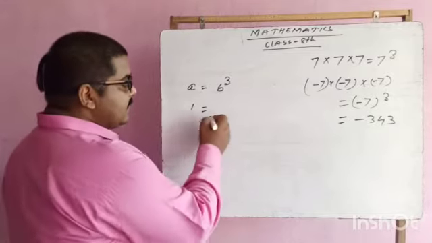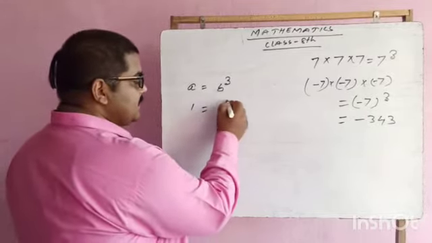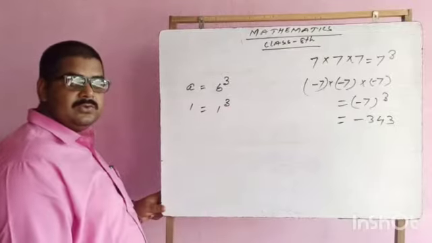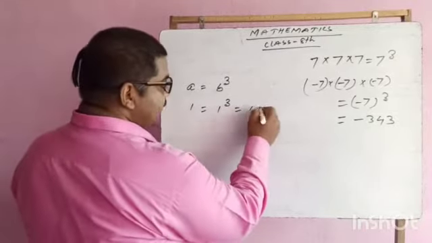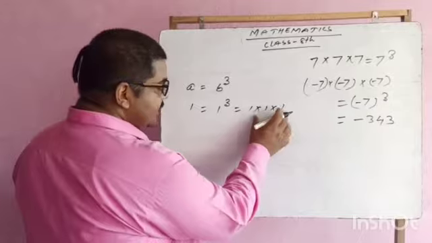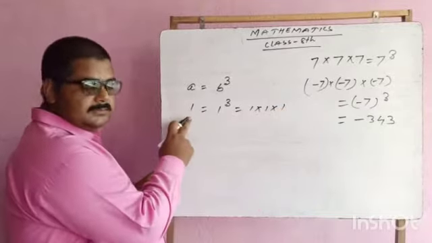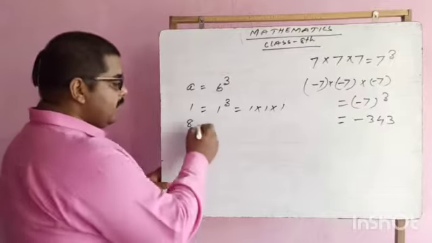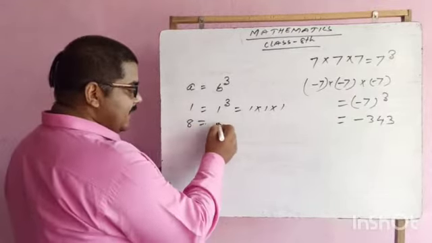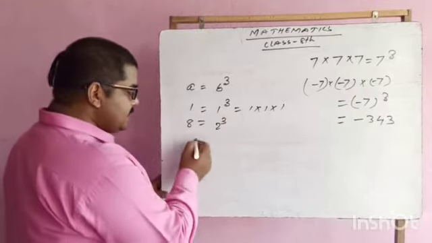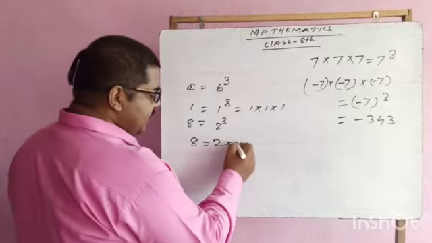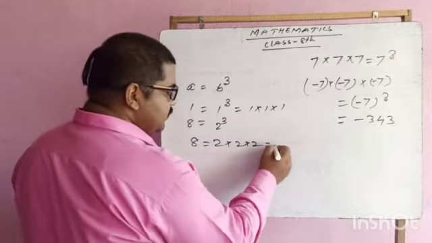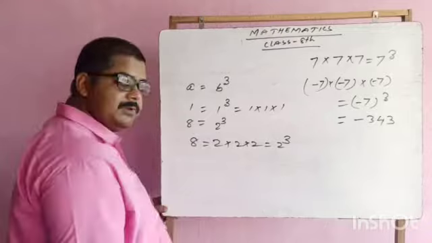Why? Because it can be expressed as 1 cube, since 1 into 1 into 1 is 1. 8 is a perfect cube. Why? Because 8 can be represented as 2 cube, written as 2 into 2 into 2.